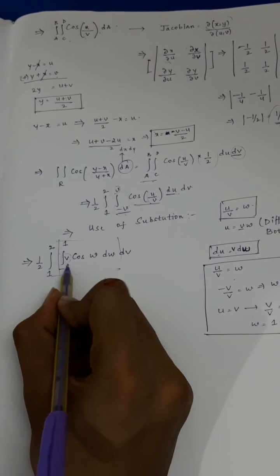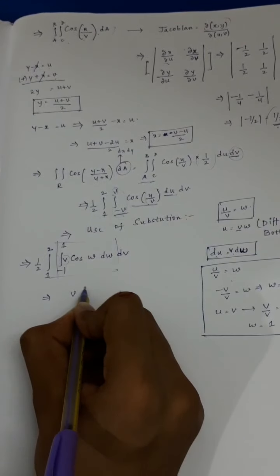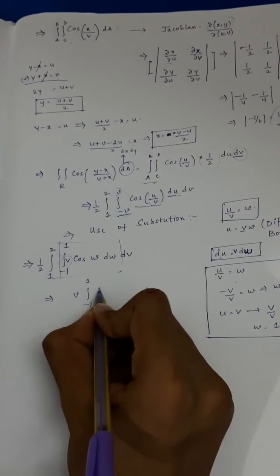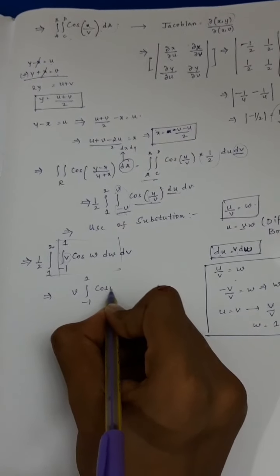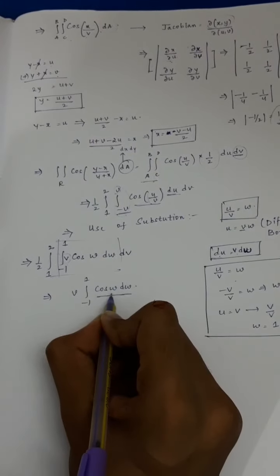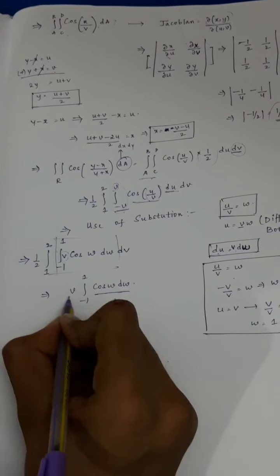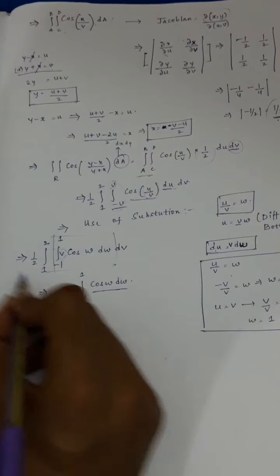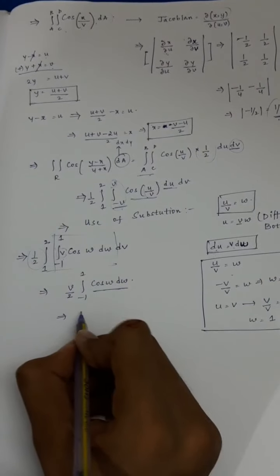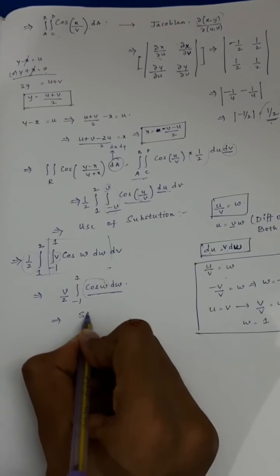Since v is constant, we can take it out. It would be v times the integral from minus 1 to 1 of cos w dw. The integral of cos w is nothing but sin w. Here it would be v by 2, since 1/2 is also there.